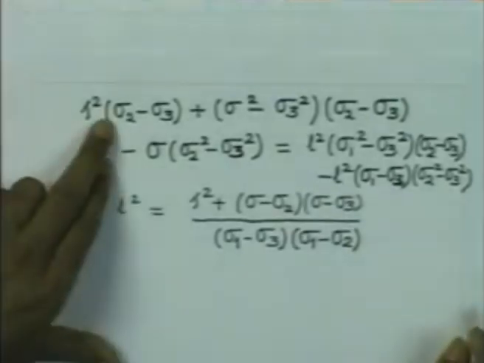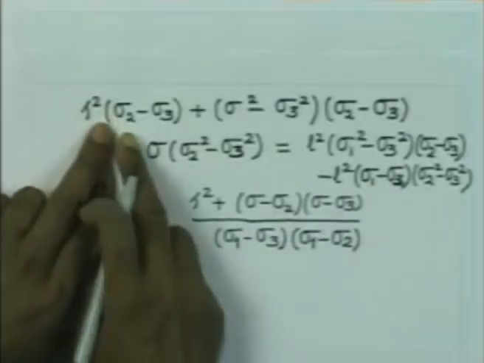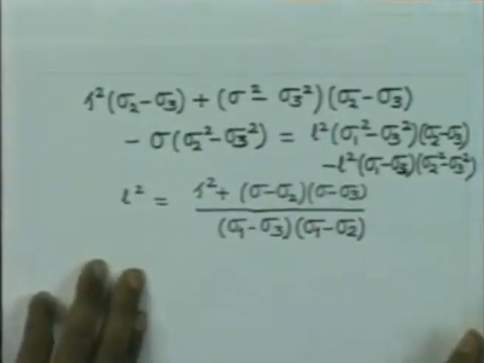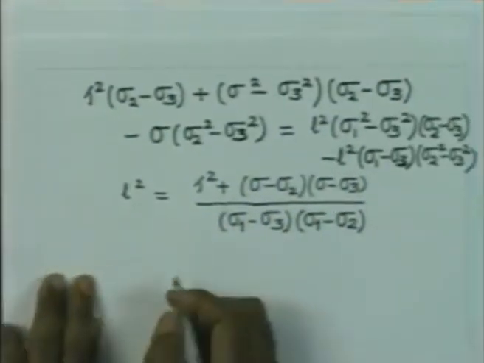So, you can see that we will have sigma 2 minus sigma 3 cancelling out, and finally, we will have this simplification possible.